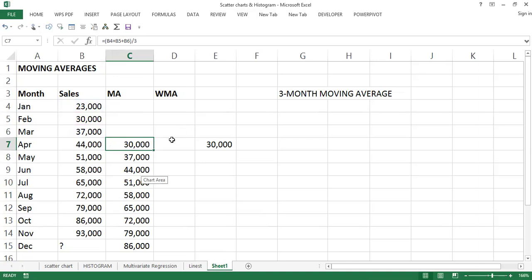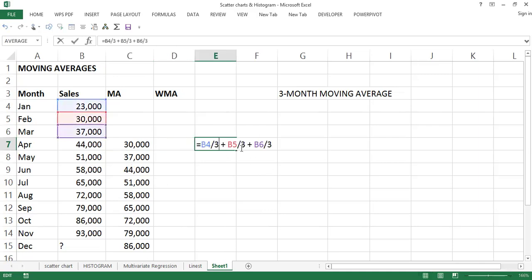Okay. That leads us to weighted moving average. If you don't want all of them to have the same weight, then you have to use what they call a weighted moving average. In this case, you have to determine which of these you consider more important.